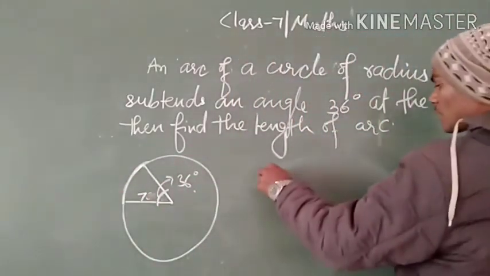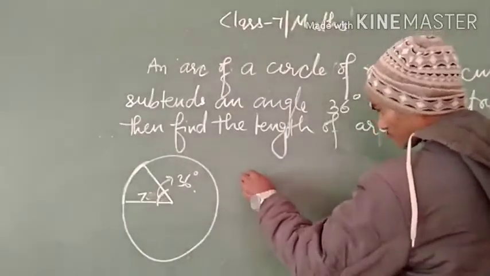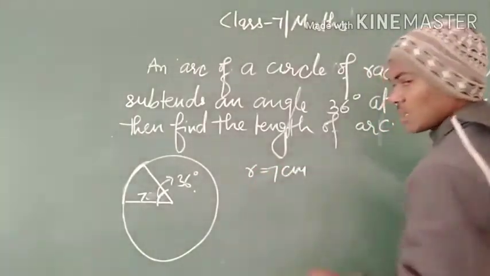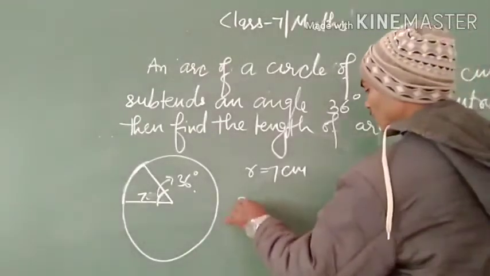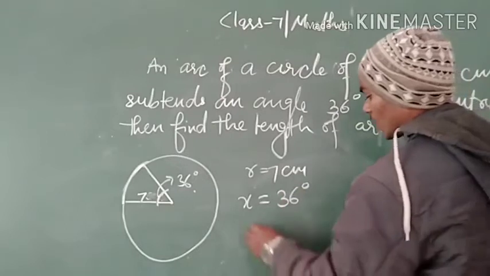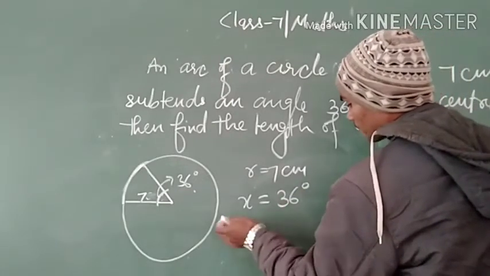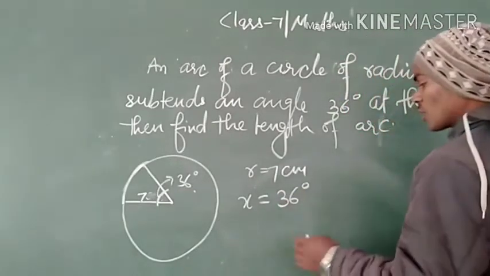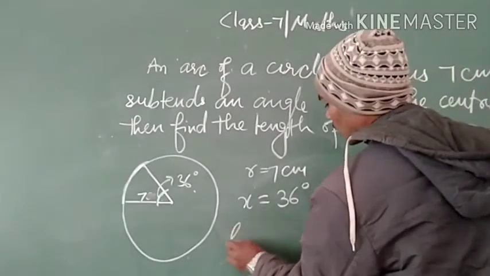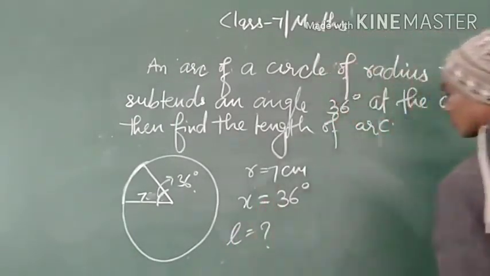So here we know that R is equal to 7 centimeter. The central angle, that is the value of x, is 36 degree, and we know the value of pi. So we have to find out the length of the arc.